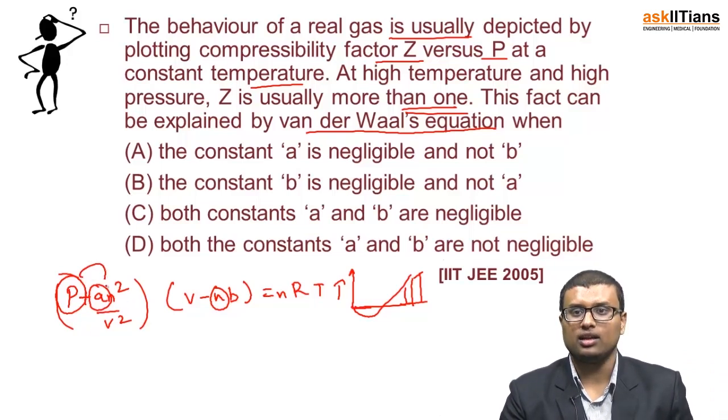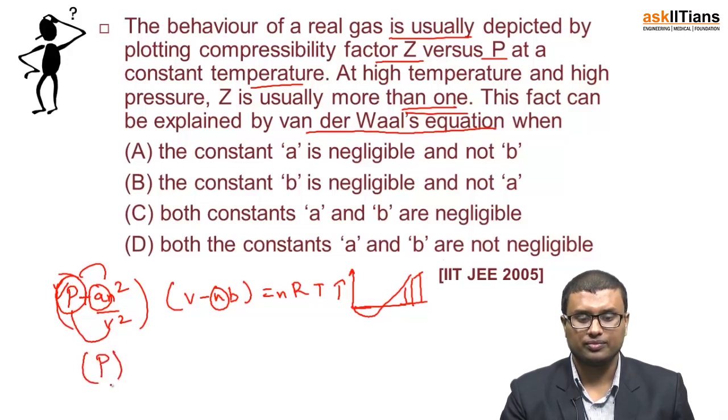If P is very high, then P plus something will be equal to P. Here a n square by V square, a gives you an idea about pressure also, but this value is small compared to P, so I can write P plus a n square by V square as P itself, because at higher pressures P is very high.